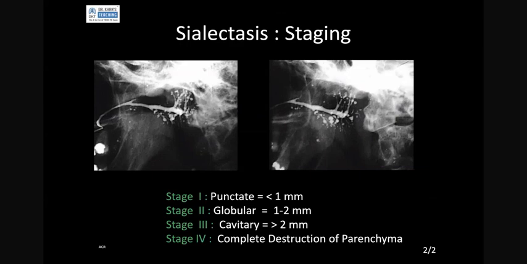If you do conventional sialograms, then sialectasis is actually graded, but you don't have to remember this grade, but you should remember that in punctate sialectasis, these are usually less than 1 millimeter, globular 1 to 2 millimeter, cavitatory more than 2 millimeter, and complete destruction of parenchyma, where you might find cystic change, etc.